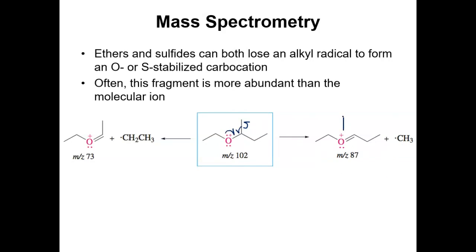And again, this one you could write in the more familiar form. That gives you this carbocation. Obviously the bottom form is more important because it has an actual bond. And this shows that the lone pair bearing oxygen atom has very strong power to stabilize a carbocation.